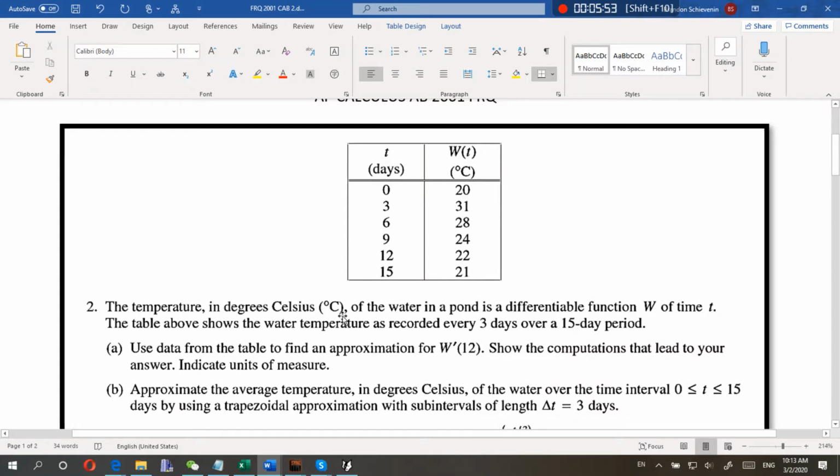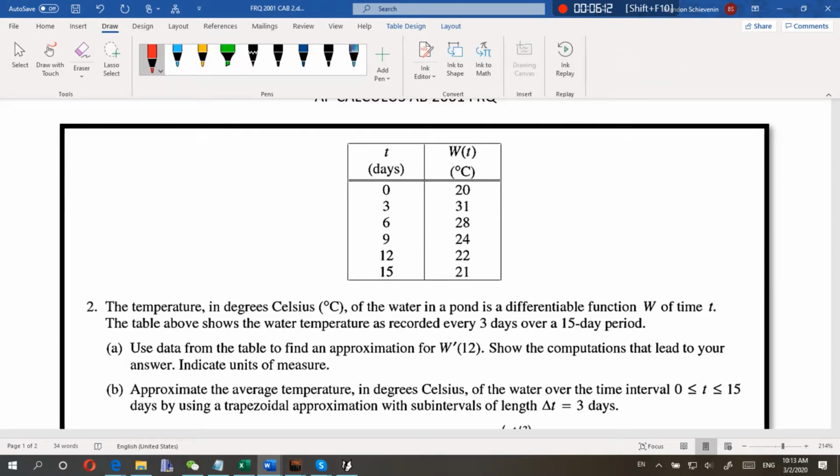Okay, then I want to estimate the average temperature in degrees Celsius of the water over the time interval from 0 to 15 using a trapezoidal approximation with subintervals of length dt equals 3. Okay, so they're asking for a trapezoidal Riemann sum.